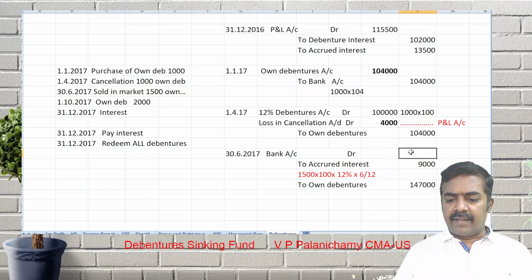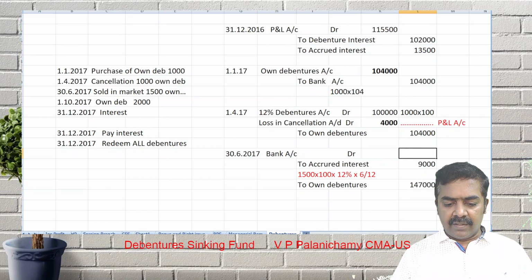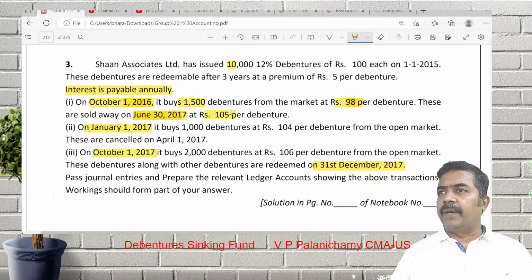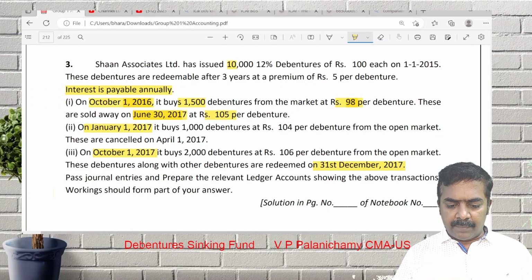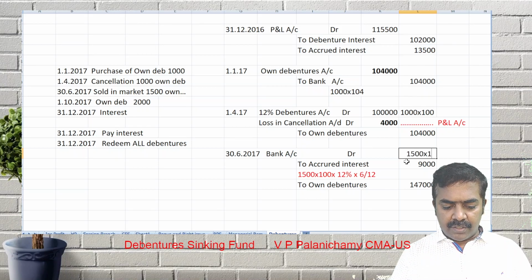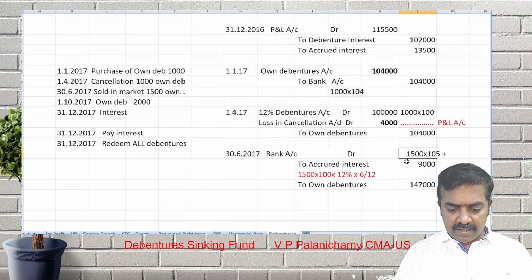What is the amount collected? What is the amount collected for the selling? 157. Look. On 30th June 2017, we are selling for how much? 105 per debenture. We collect 105 per debenture. So how many debentures are we selling now? 1,500 debentures into how much? 105 plus interest.